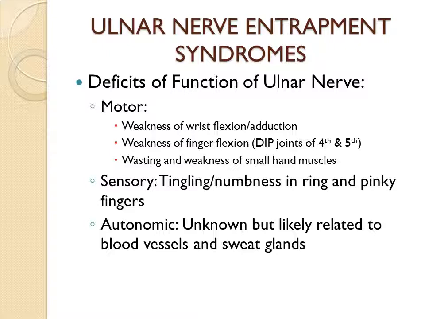We're going to have weakness of finger flexion of the distal interphalangeal joints of the 4th and 5th fingers. And we're going to have wasting and weakness of the small hand muscles.